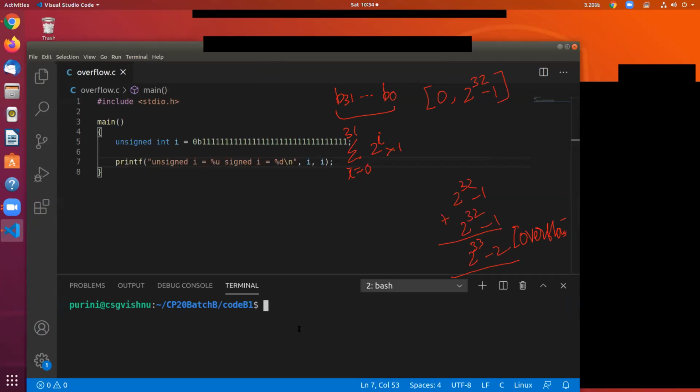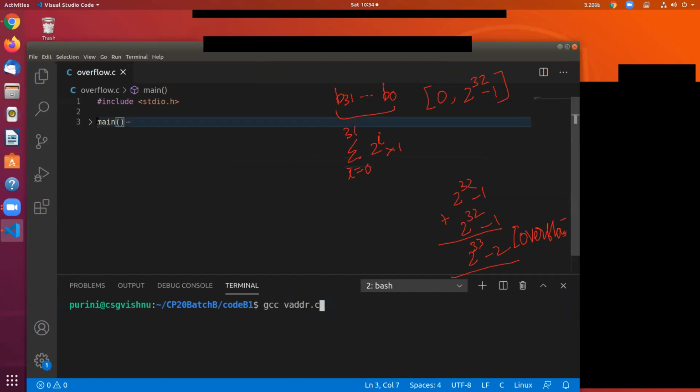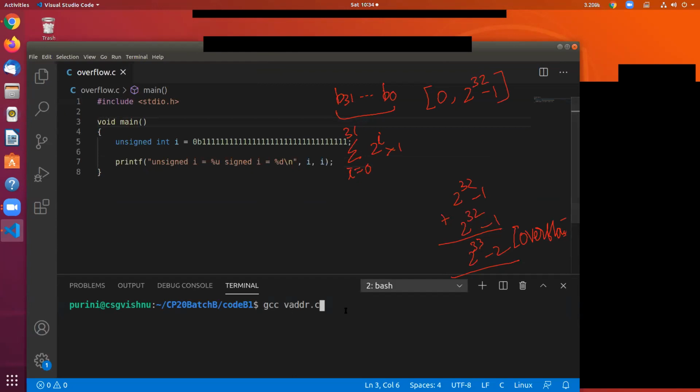So now let's compile this program, gcc overflow. Did you see the value of I when it is interpreted as an unsigned number and when it is interpreted as a signed number?